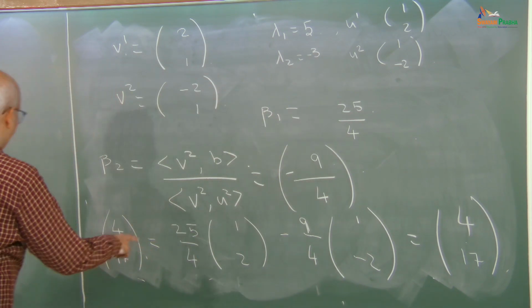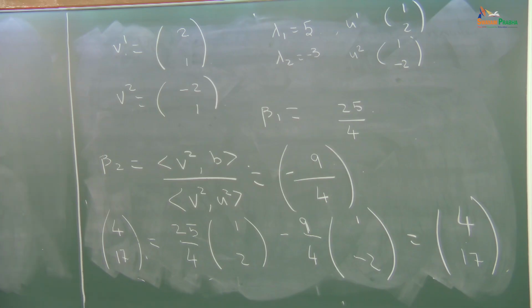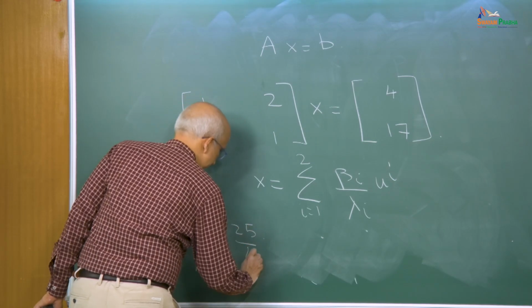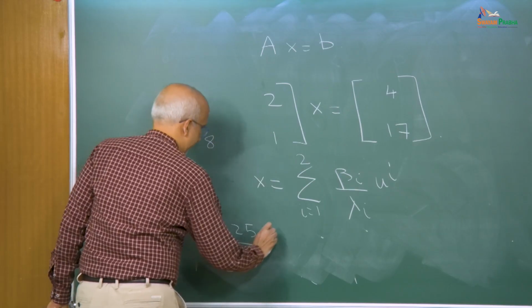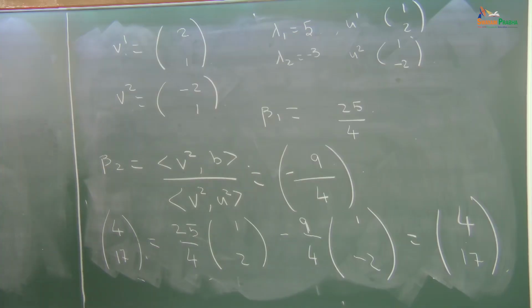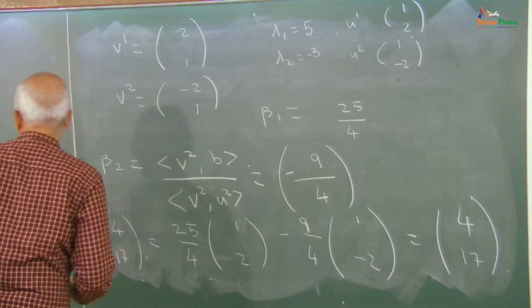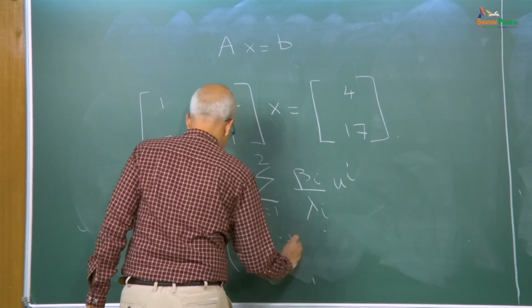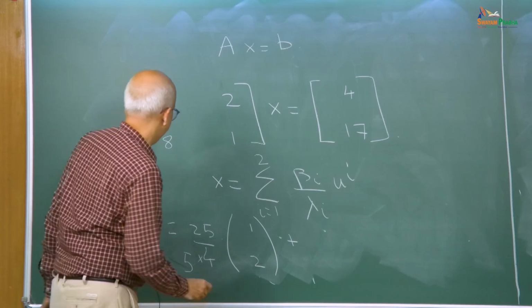So, 25 by 4 by 5, that is 5 by 4, times u1, which is 1, 2, plus, this is x.